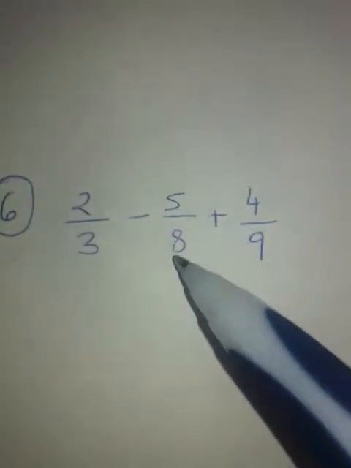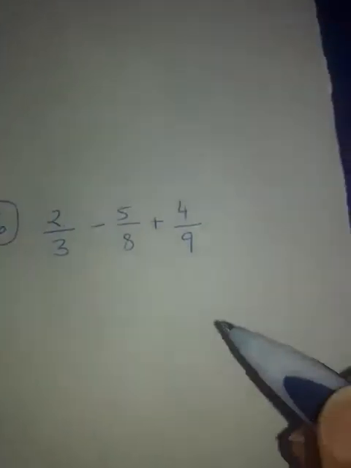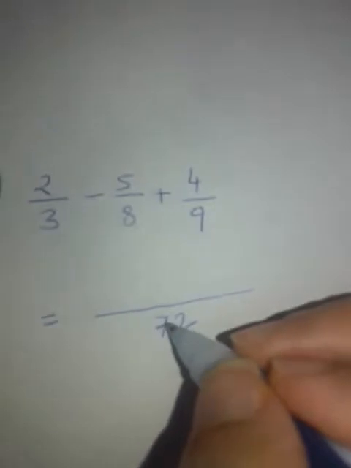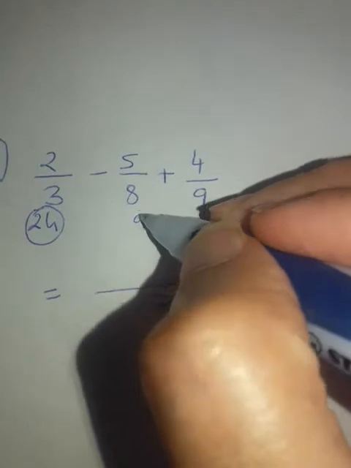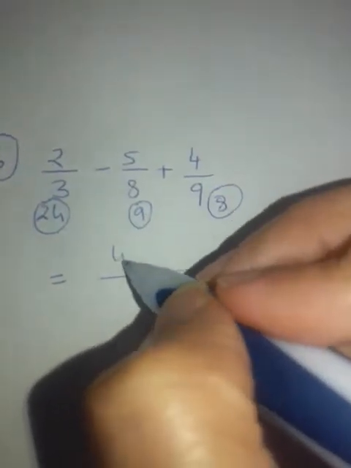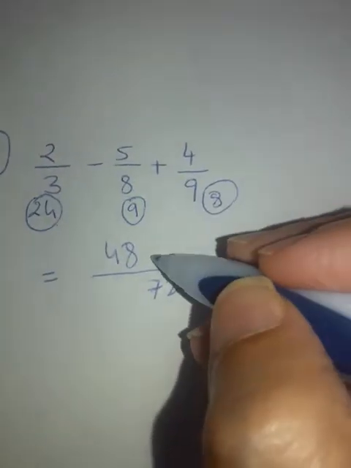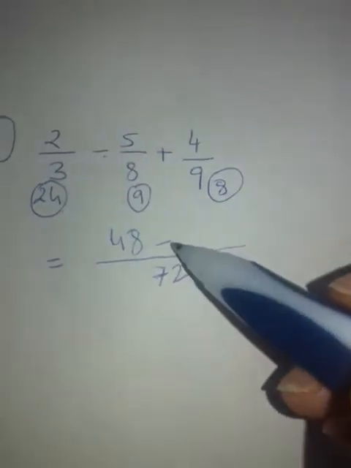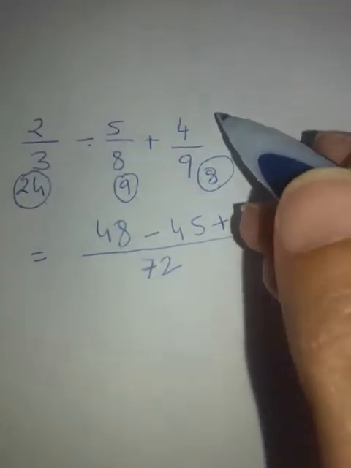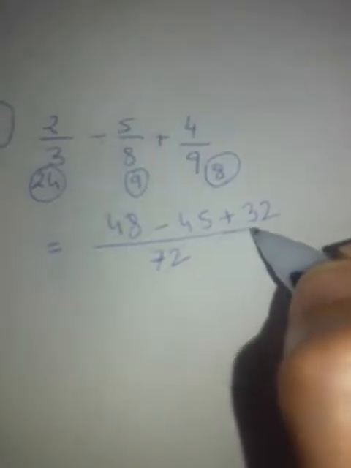2 upon 3 minus 5 upon 8 plus 4 upon 9. It's a mixture of subtraction and addition. LCM 72. This is 24. 24 3s are 72. 8 9s are and 9 8s are. 24 into 2 is 48 minus, see here minus, so here also minus. 9 5s are 45 plus 8 4s are 32.